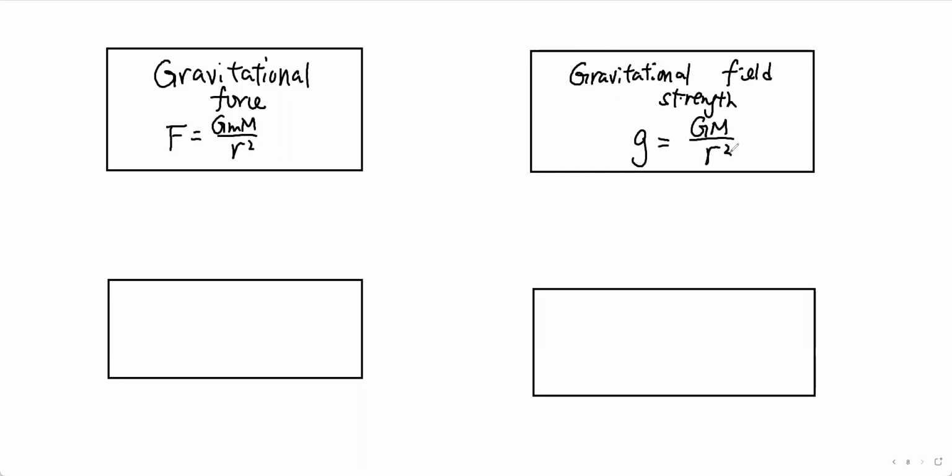So from the force to field strength, we divide by the mass of the point mass. Of course, on the other hand, we multiply by the mass.